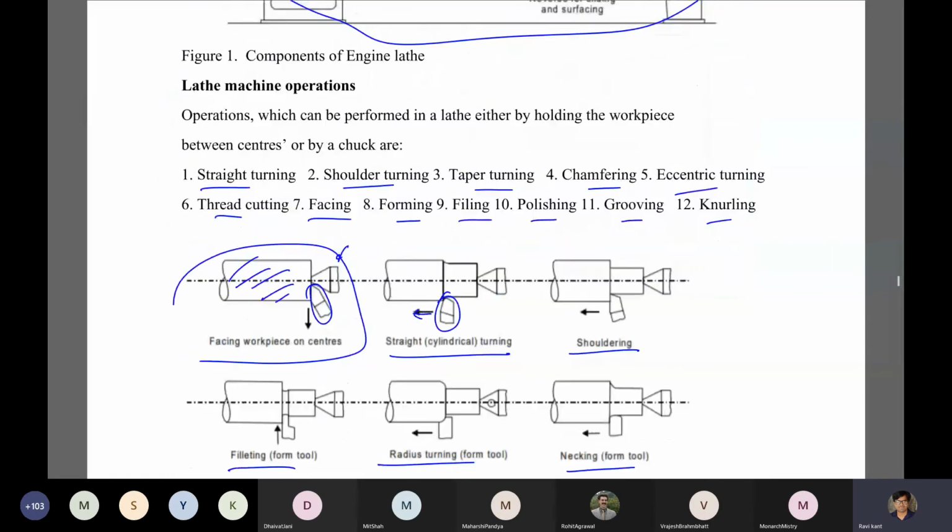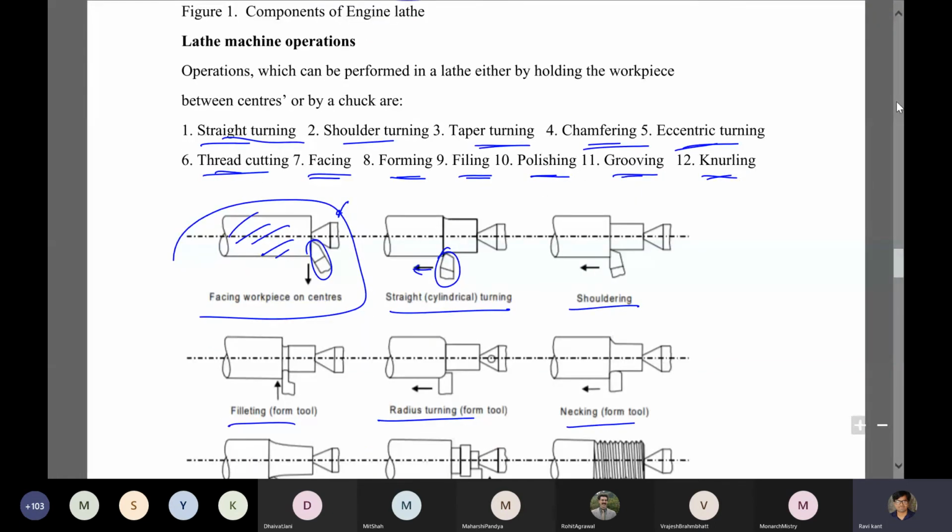This is an overview of the components of the lathe. There are several other operations that we talked about or have seen in our video. Some of them we have seen, some we have not, but you can always go and check what other operations there are, because in this stipulated amount of time we cannot cover everything.